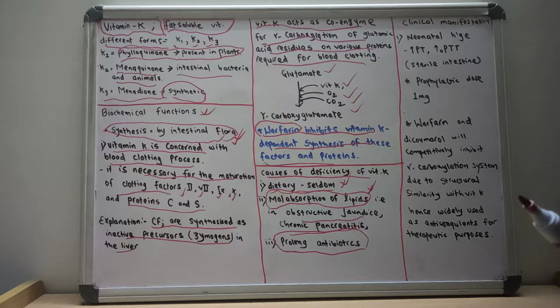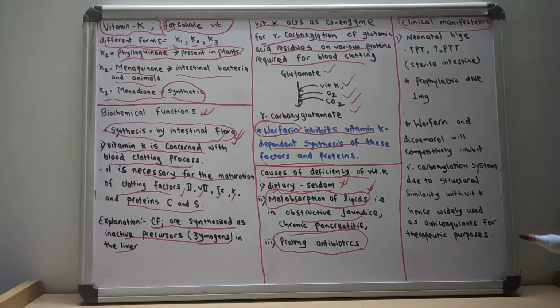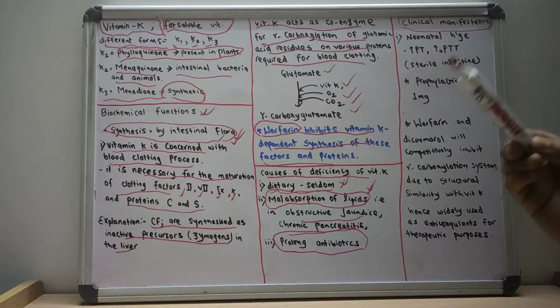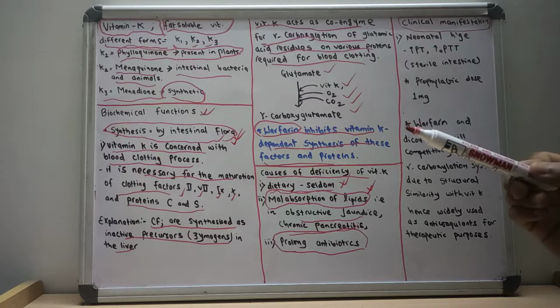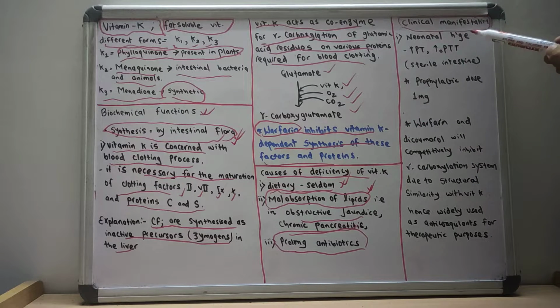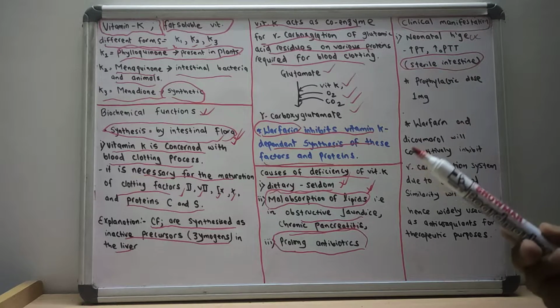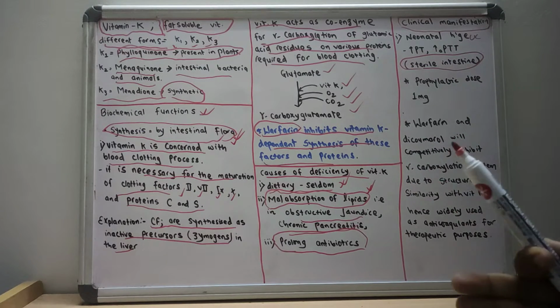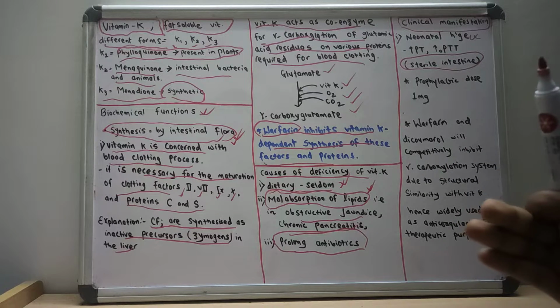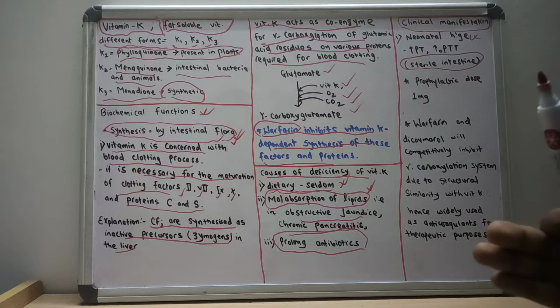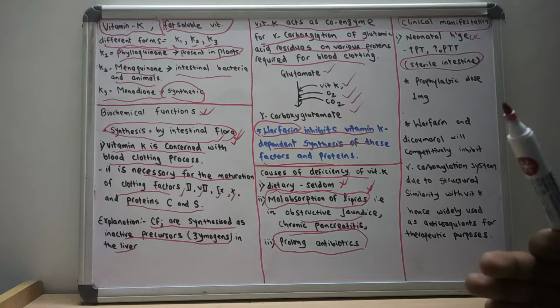So you have to consider vitamin K deficiency with prolonged use of antibiotics. Now let us discuss the various clinical manifestations that occur if there is vitamin K deficiency. Mainly neonates or newborns are at major risk of vitamin K deficiency, because the newborn has a sterile intestine, and the sterile intestine cannot synthesize vitamin K, so there is a high chance of vitamin K deficiency in neonates.